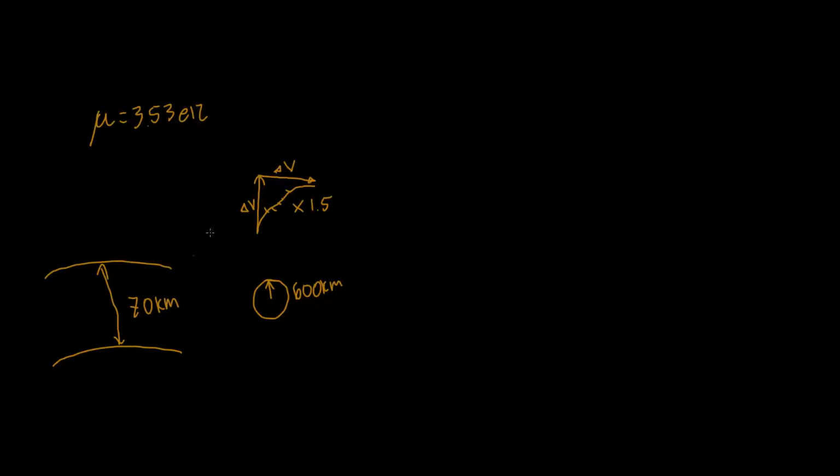For this, we can use the equation. Let's switch colors to this beautiful color. We've got x of t equals half of a t squared plus v0 t plus x0. x0 is going to be 0, and v0 is what we're going to be figuring out.